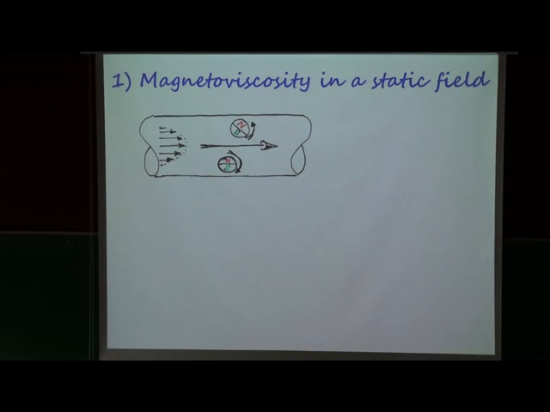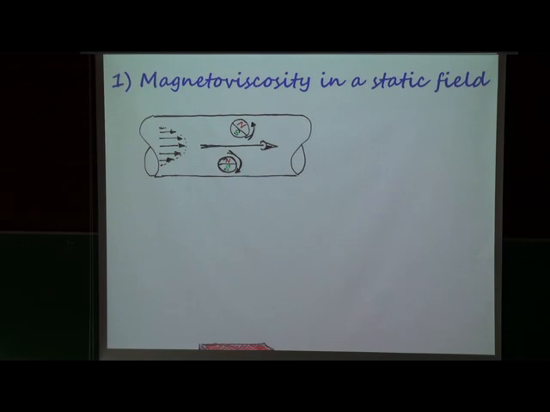Now what's going on if you have magnetic particles in here? As long as you don't have any magnetic field, they are just rotating, because on this side the velocity is higher than here, and so you get rotation in the flow, and this creates some vorticity, and so the particles have to rotate.